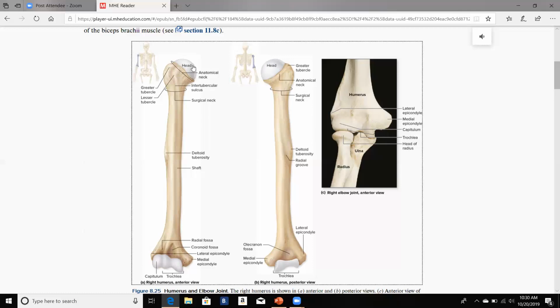That's how they sit in your body. So right here, you can see how the humerus articulates with the radius and the ulna. The head of the radius, you'll see here. And then you have the hook shape of the ulna that's going to hook into this olecranon fossa so you're able to make a hinge when you're bending your elbow.